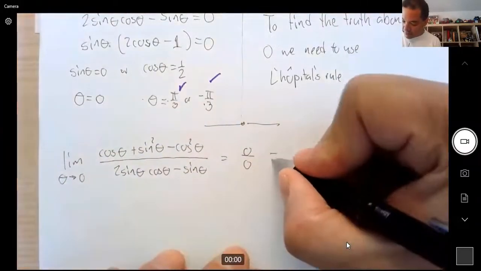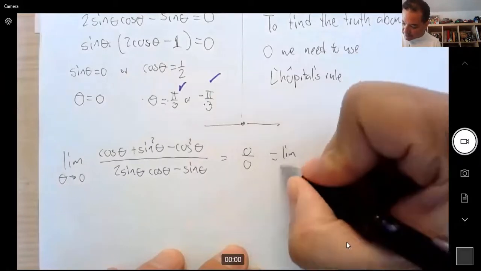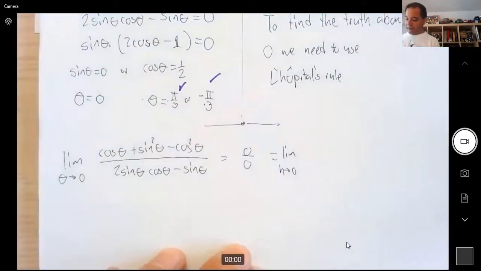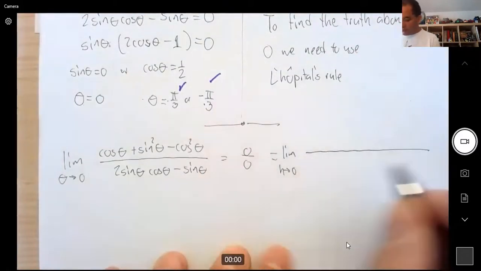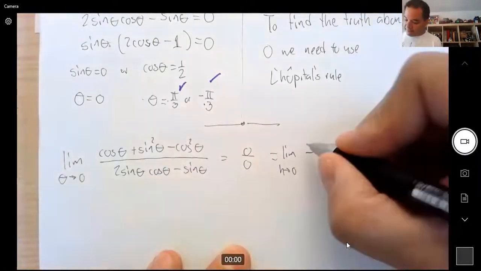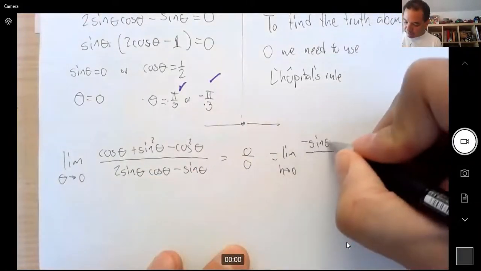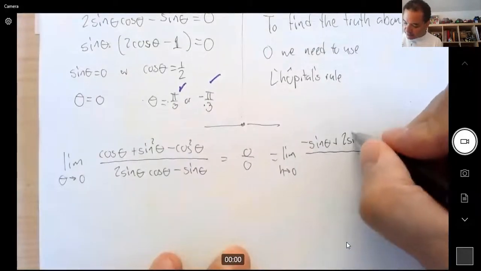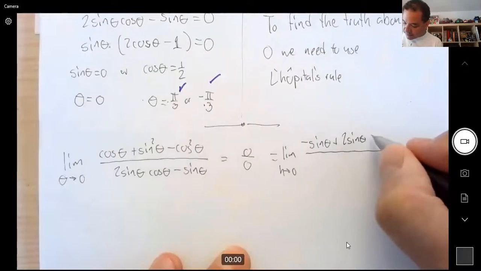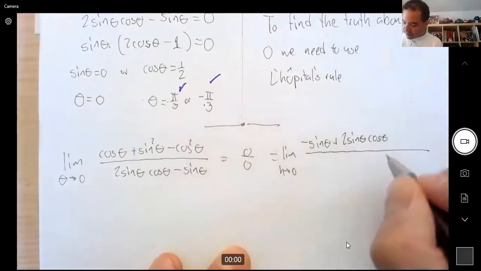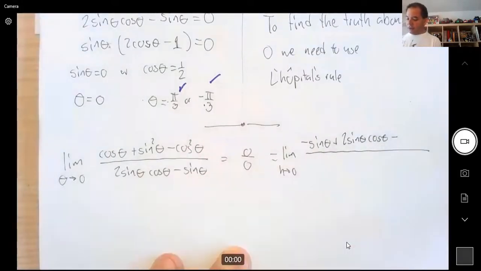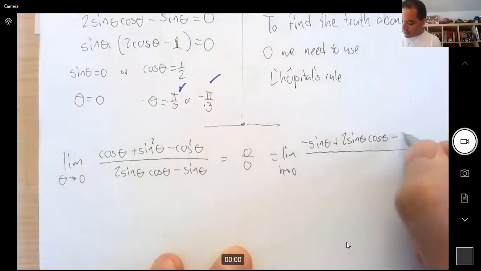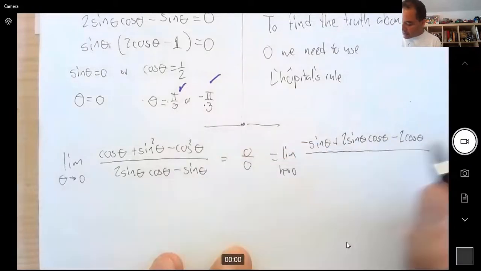So it will be a little bit complicated because these derivatives are not super easy, right? But let's do it. So it will be the derivative of cosine plus the derivative of sine squared, as 2 sine theta times the derivative of sine, which is cosine theta, minus the derivative of cosine squared, which is 2 cosine theta times the derivative of cosine, which is negative sine.